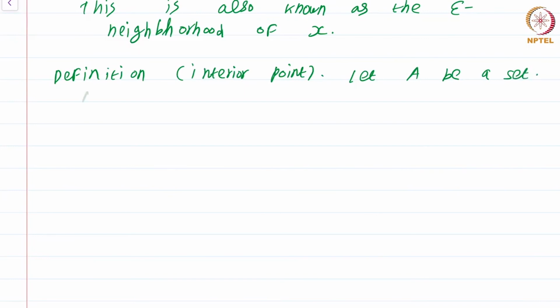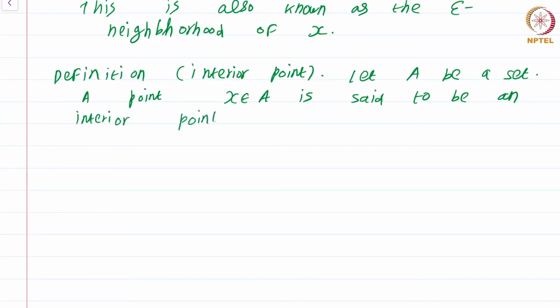A point X in A is said to be an interior point if B(X,R) is a subset of A for some R greater than 0.